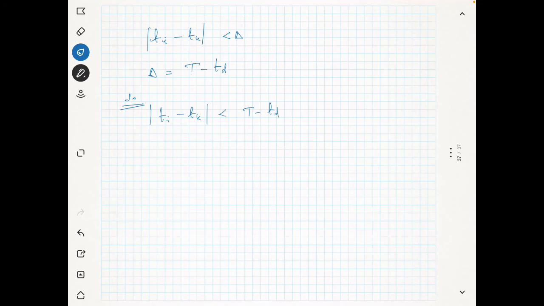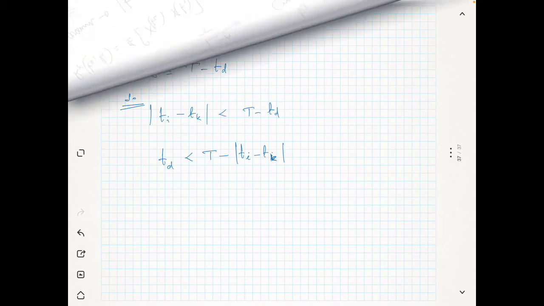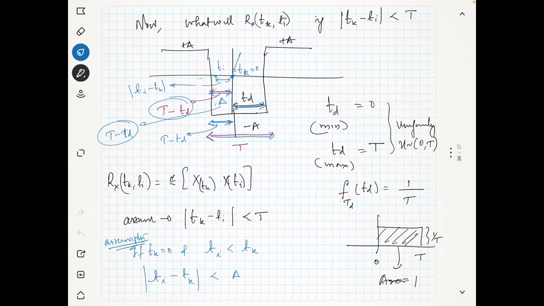Okay, understood? Or I can write it another way. Td should be less than T minus the magnitude of Tk minus Ti. Tk is the higher value and Ti is the lower value, so I can write Tk minus Ti, that is better.